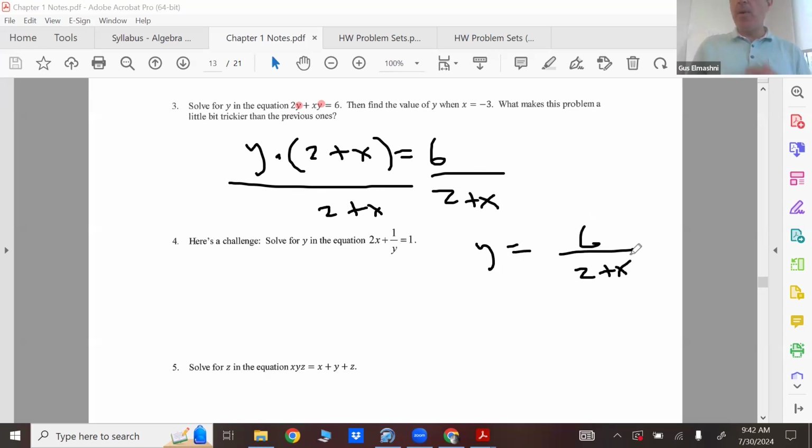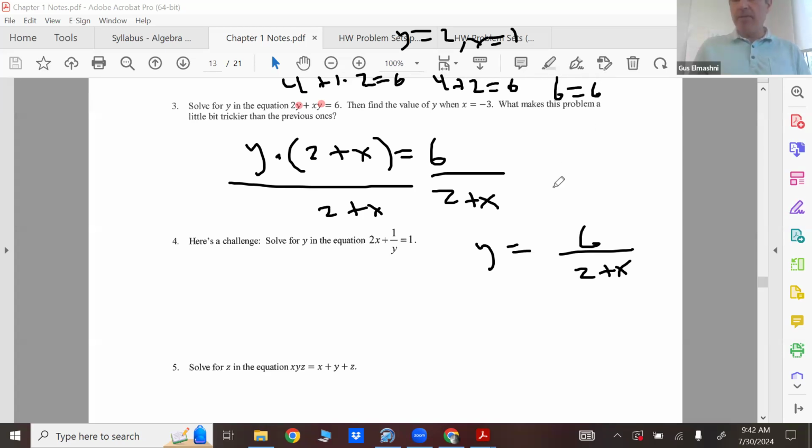And how do I know it works? How do I know it makes sense? Well, let's try it. What if y were 2 and x were 1? You don't have to write this down. If y were 2, you have 4 plus 1 times 2, which equals 6, right? 4 plus 2 is 6. Boom, boom, boom. We're good. Sweet.